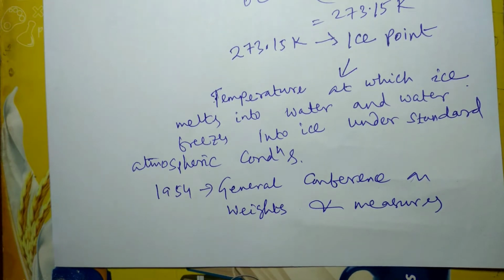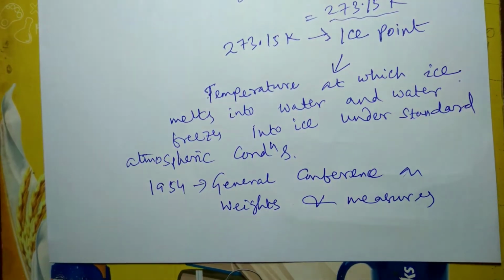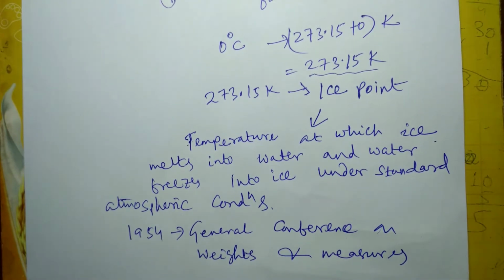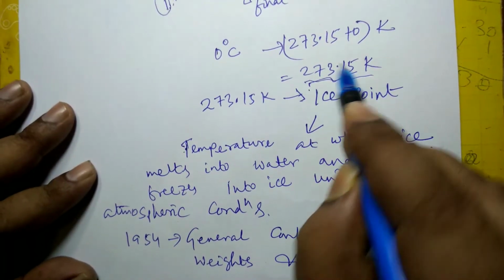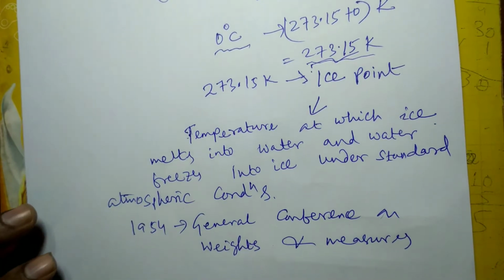Earlier to that, ice point was the reference point. Ice point is nothing but, in terms of Celsius scale, 0 degrees Celsius, and in Kelvin scale it is 273.15 Kelvin. But in 1954 what happened?